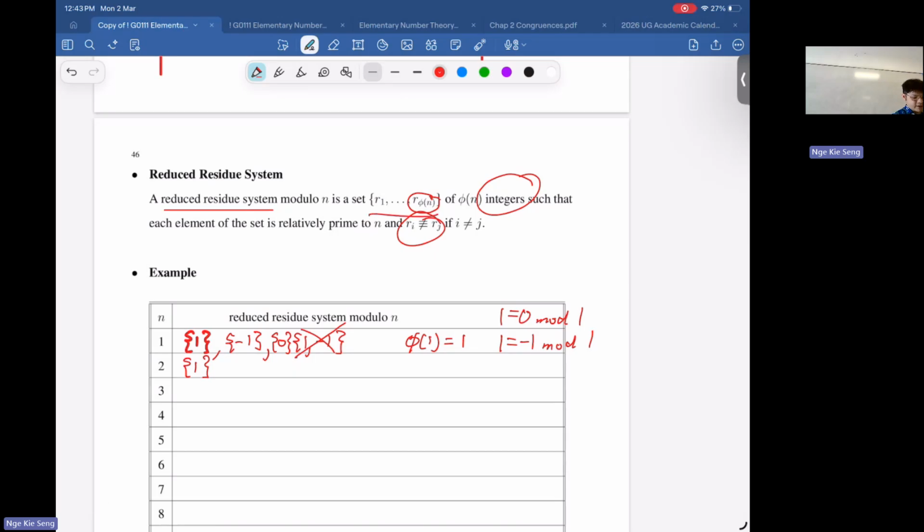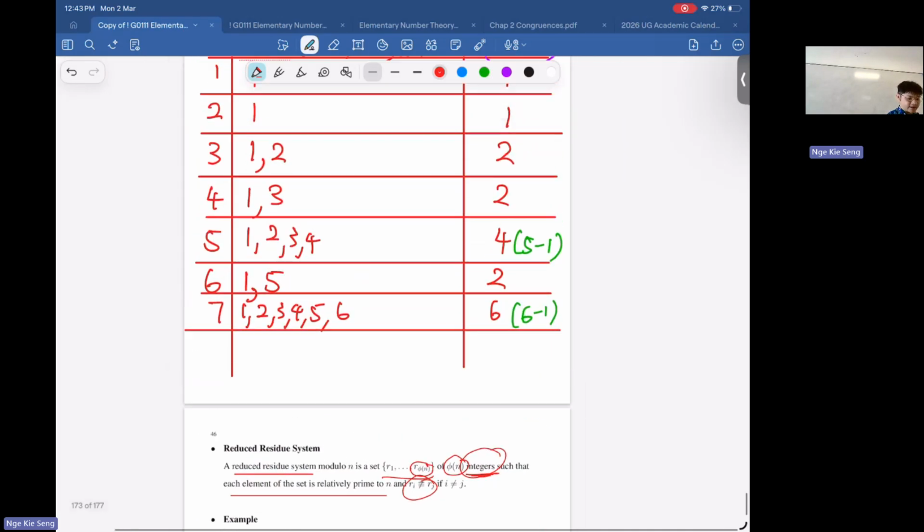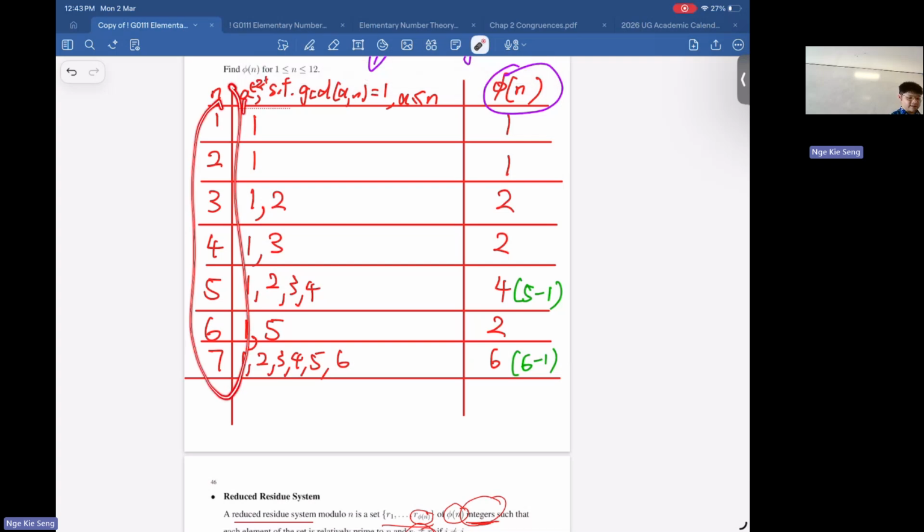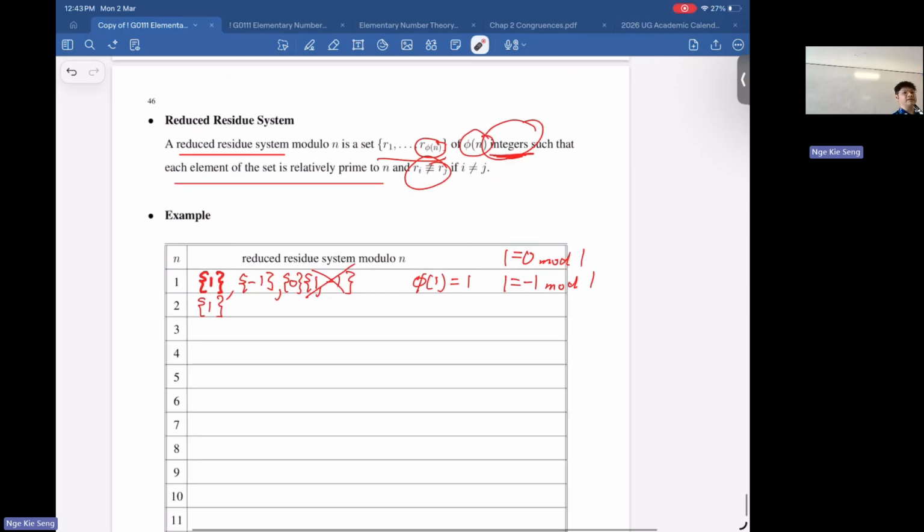A reduced residue system is a set of phi n integers such that each element of the set is relatively prime to n. So you need to find a set of numbers that are relatively prime to n. This is basically what we were computing just now. But my point here is you can pick a different system, a different representative, like what I said last time.